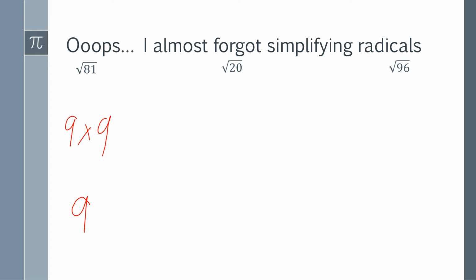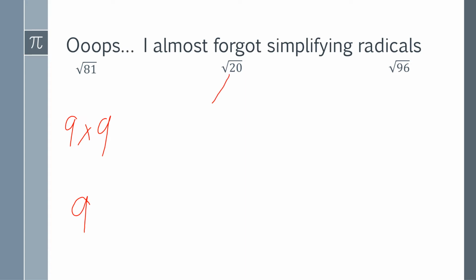What about 20? Do we know of a number times itself that gives you 20? No. But can we think of a perfect square times another number that gives you 20?